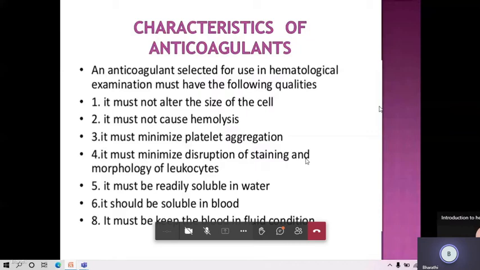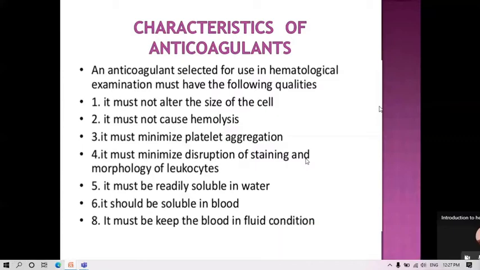So first is the red cap tube. In the red cap tube, there is no anticoagulant, and they are mainly used for the collection of serum. If you leave the blood sample for 10 to 15 minutes and allow it to clot, then you will get the serum.